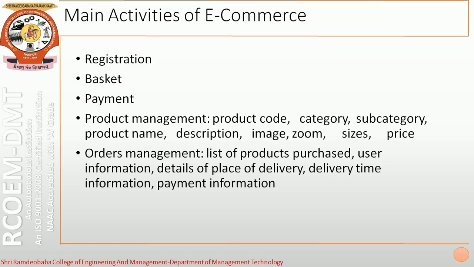Then product management: product code, product category, subcategory, product name, description, image, zoom, sizes, prices, all these are part of product management. So if the seller has to display its product, they have to have some product code. They put them in different product categories. For example, you must have visited Amazon. So how have they done their product management?